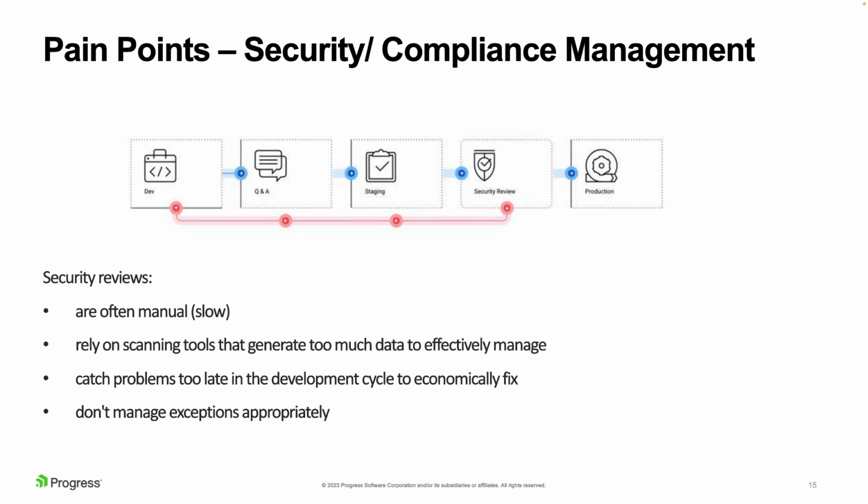Let's look at the pain points just as we looked at the pain points for traditional configuration management. One major reason that organizations lack speed and agility is the way that they use traditional approaches. And these have typically left compliance and security reviews until the very last step.